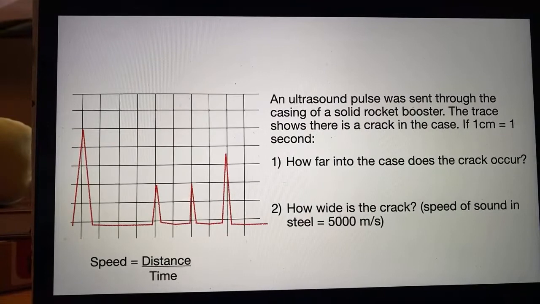How wide is the crack? How wide is it? I think this is really difficult. It's a very difficult question. You've got to decide whether you're going to divide by 2 or not, don't you? So let's see.